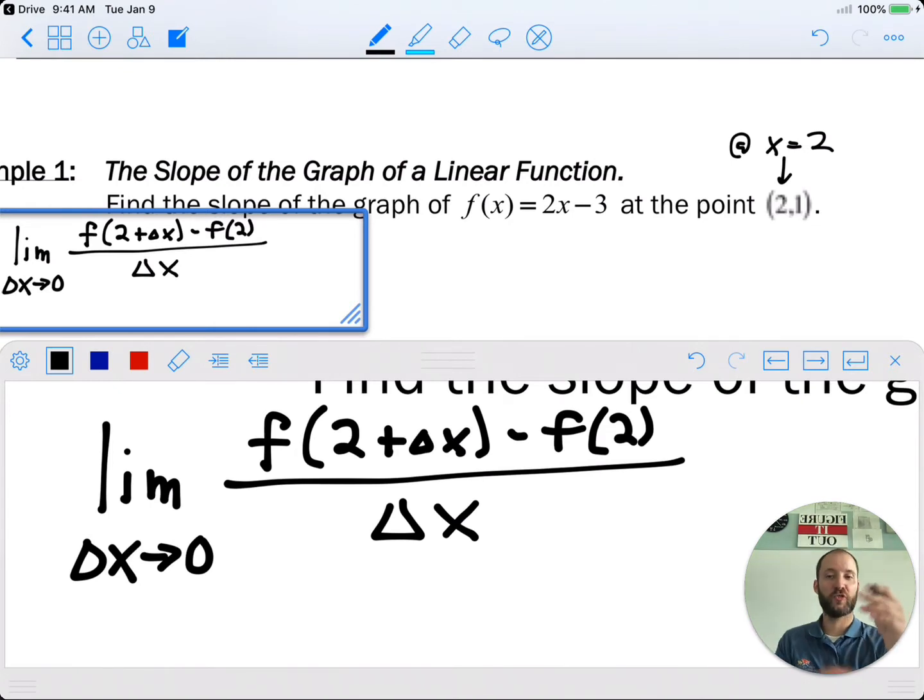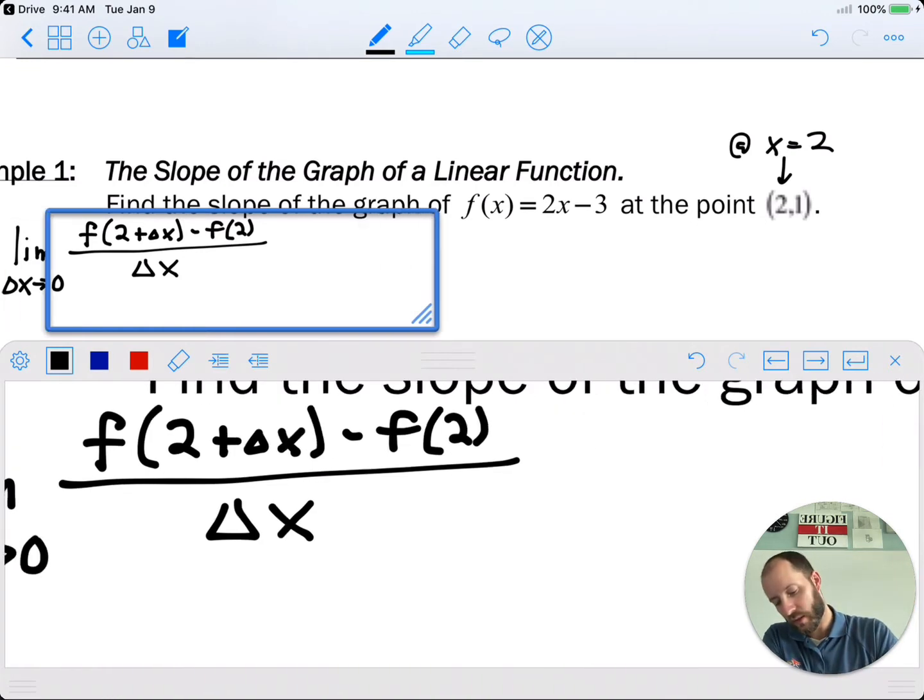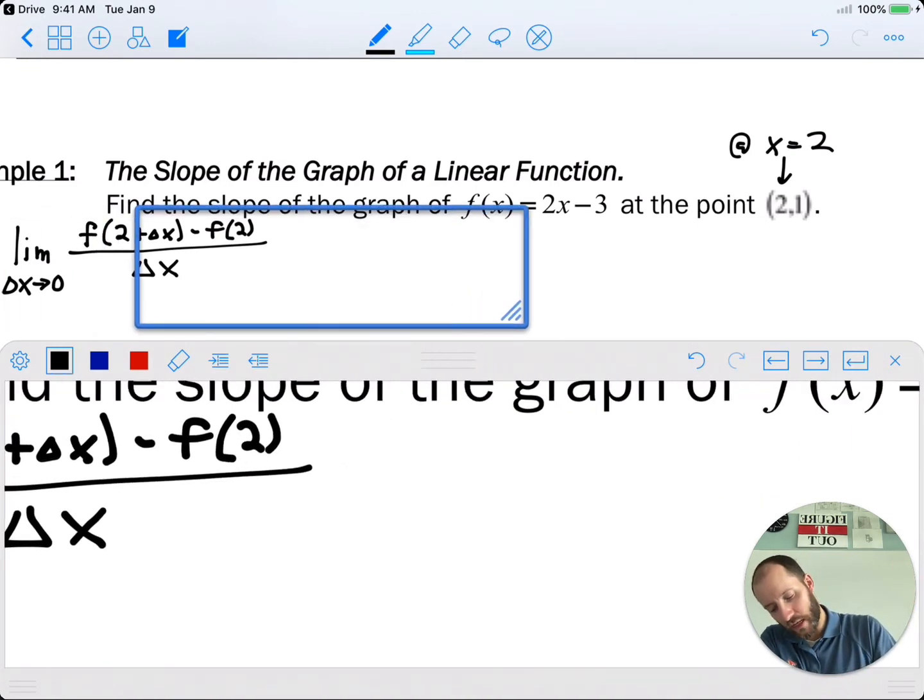At the point (2, 1), x equals 2, so that would be our c value. Now, with limits, try to plug in 0. Try direct substitution. Plug in 0 for delta x. Get 0 in the bottom. Oh, shoot. Direct substitution doesn't work. So let's go ahead and do the limit.